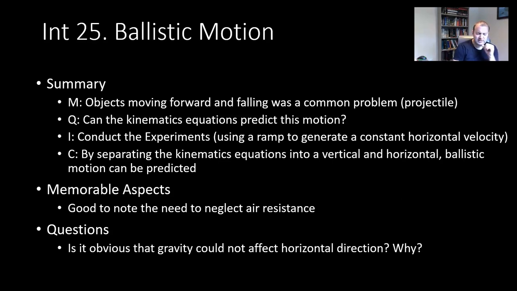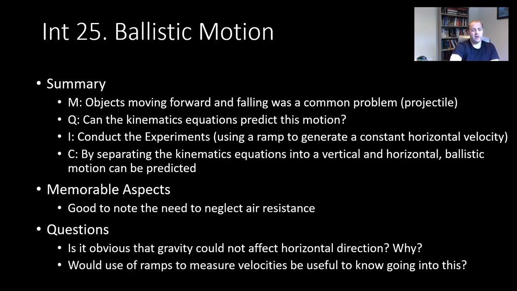It doesn't seem obvious on the face of it, having solved millions of physics problems where that's what you do. It's kind of obvious to me now. But thinking back to when I solved my first physics problem, it wasn't necessarily obvious that gravity wouldn't make the thing go faster in the horizontal direction. Saying it doesn't really make a lot of sense, but I do think that needs to be fleshed out a little bit more.